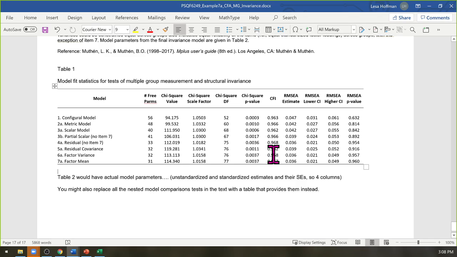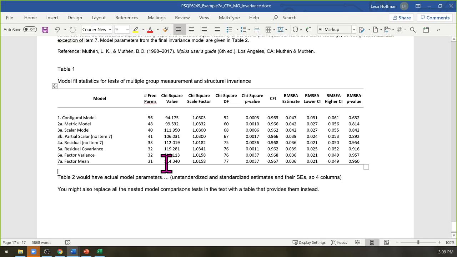So this is sort of supporting evidence that the constraints that you put on the model still did not really impair its fit in a practical sense. A CFI of 0.96 versus 0.97 is still a good CFI. And RMSEA, as I indicated, actually does go down because you're freeing up parameters that didn't need to be there in the first place.